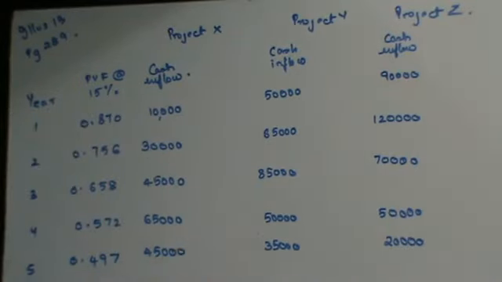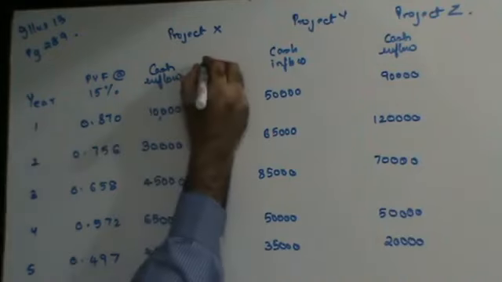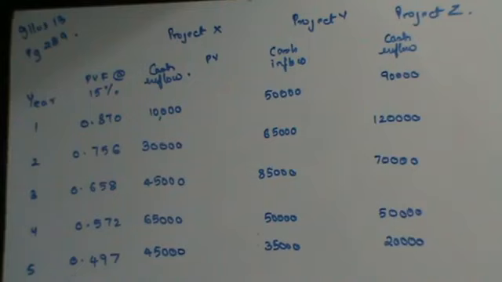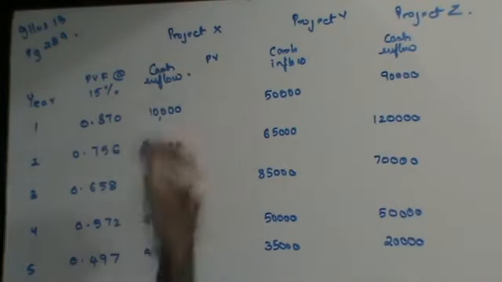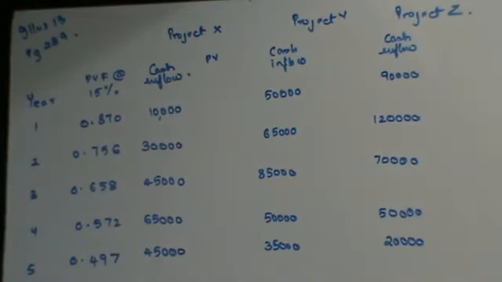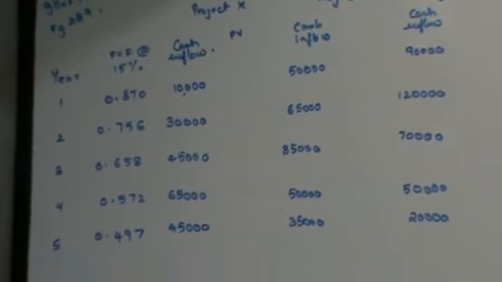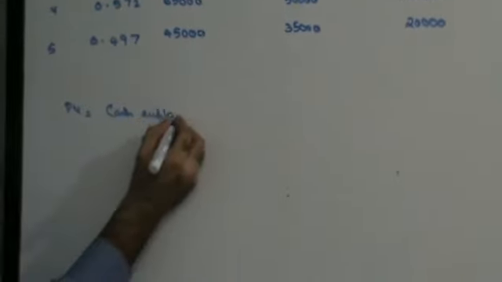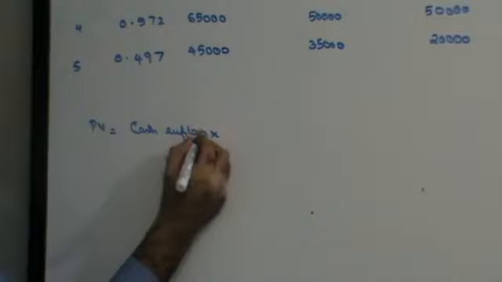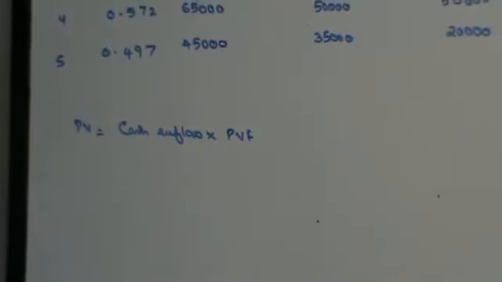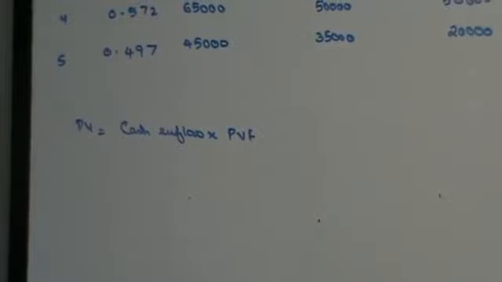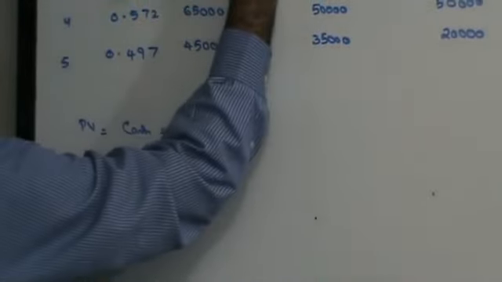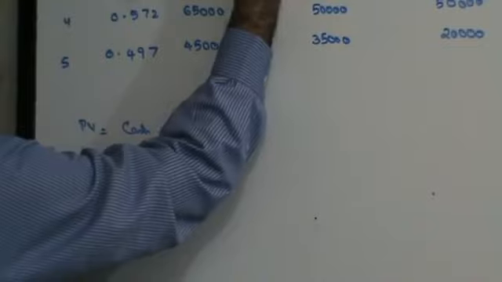Once I have the cash inflow, how do you find the present value? Guys, present value is given by the formula cash inflow into present value factor, PVF. So in the first case, it will be 10,000 into 0.870, which is 8,700.